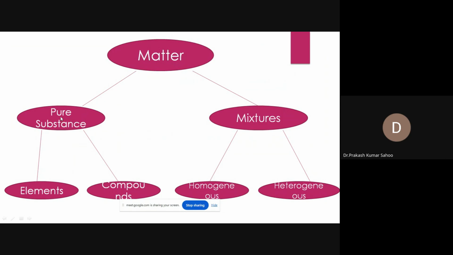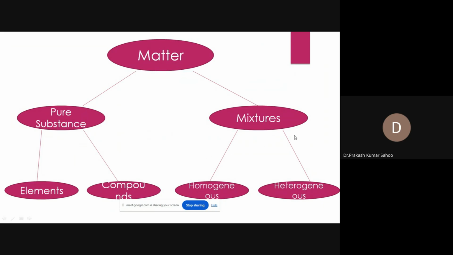A pure substance may be of two types, elements and compounds. An element is the purest or simplest form of matter, which cannot be simplified into a still simpler form. A compound is the union of two or more elements in a fixed ratio. Both elements and compounds belong to the pure substances of matter.